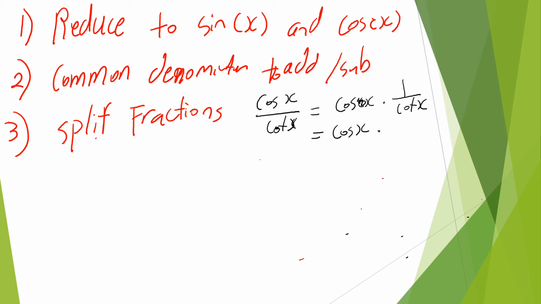Cot x is 1 over tan, so 1 over cot is the same as tan x, and tan x is sine over cosine.